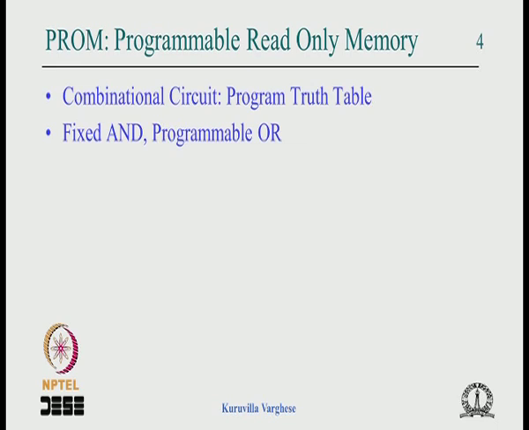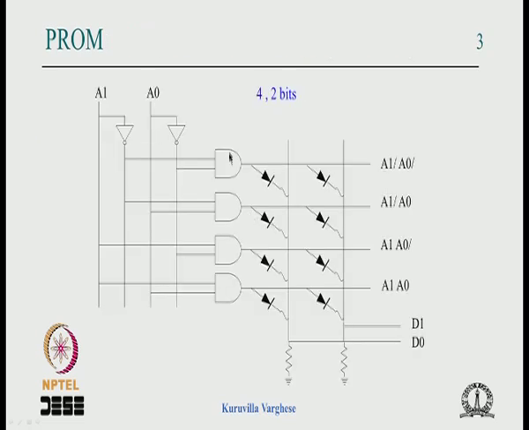You can implement a combinational circuit; essentially you program the truth table, and we have seen that it is a fixed AND and a programmable OR. The AND is fixed by 2 raised to n AND gates in the case of n inputs. By blowing or retaining the fuses we are programming 0 or 1, so you are able to program the truth table.